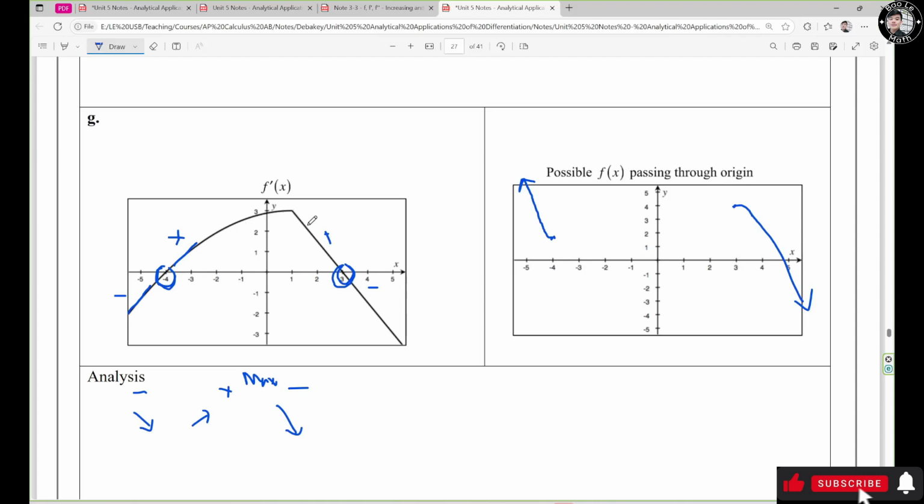So f of s should be increasing, right? And then the point of inflection is right here because this is the relative maximum of the function f prime of s, right? So we have the point of inflection at s equals 1, right? So I need to lower this one, negative 4, the minimum should be somewhere right here, right?